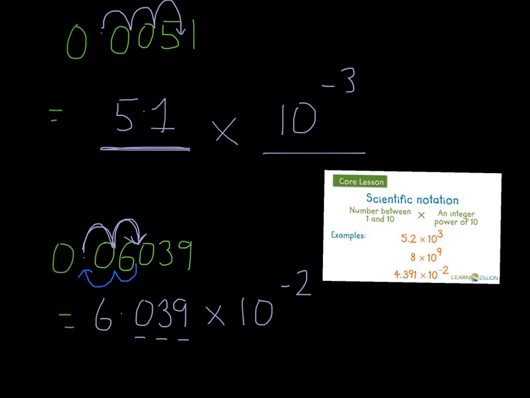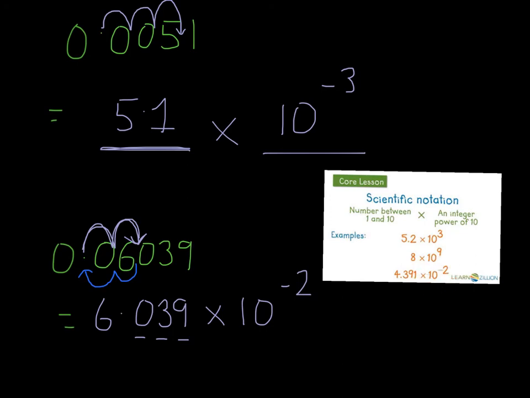So the thing to remember from this video is scientific notation consists of a number between 1 and 10 and an integer power of 10 on either side. So some represent big numbers when the power of 10 is positive, and some represent really small numbers, so numbers less than 1, when the power is negative.